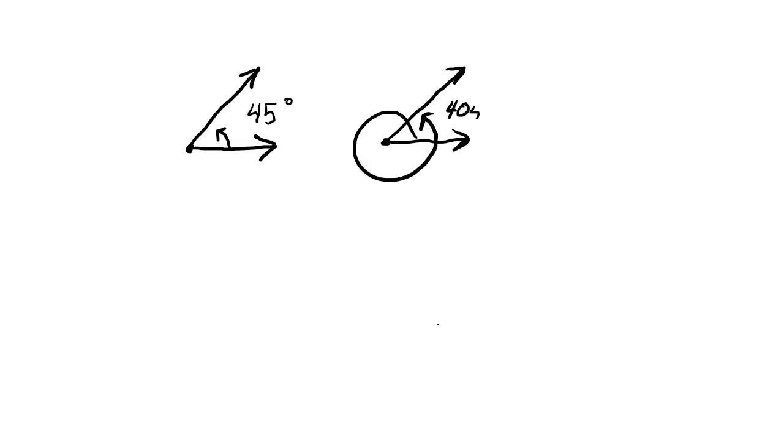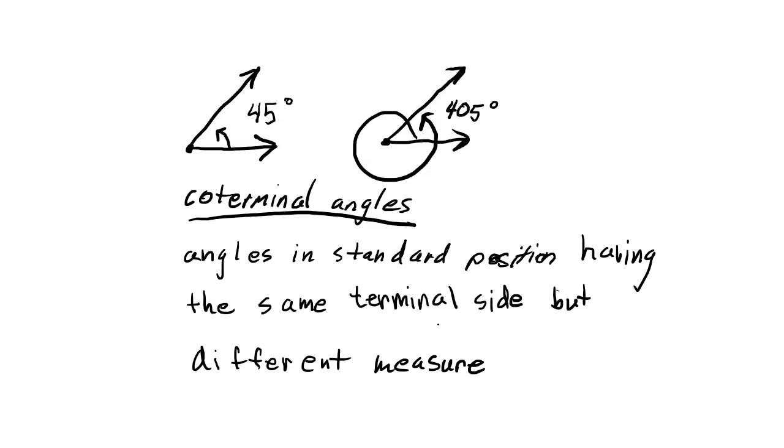They share the same terminal side, but they are of different measure. And this is what we mean by coterminal angles. Coterminal angles are angles in standard position having the same terminal side but different measure.